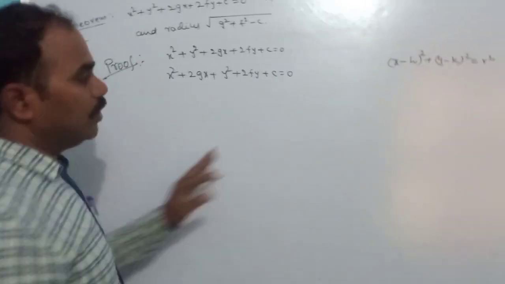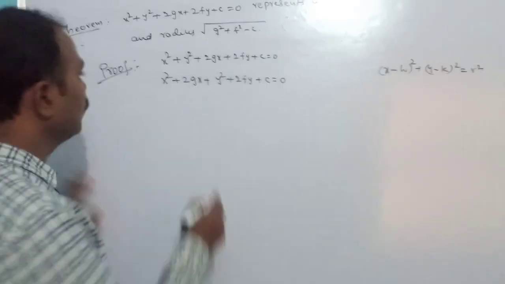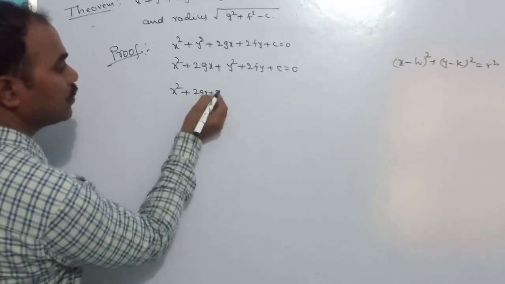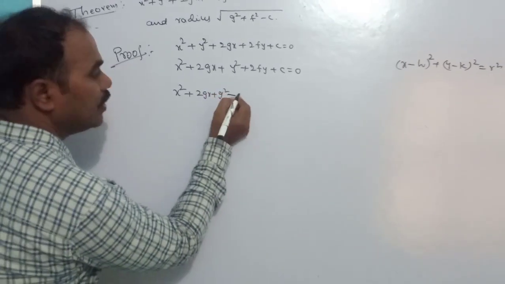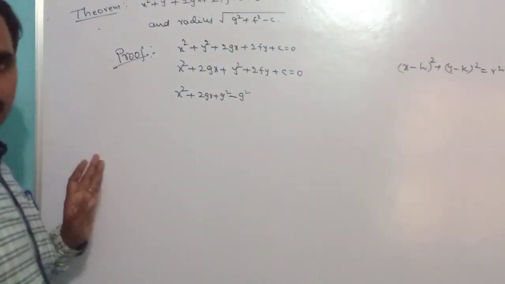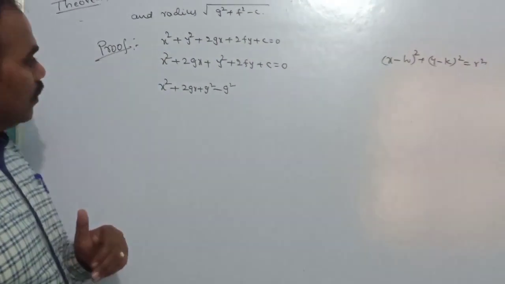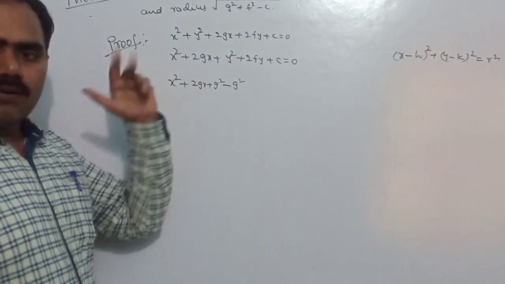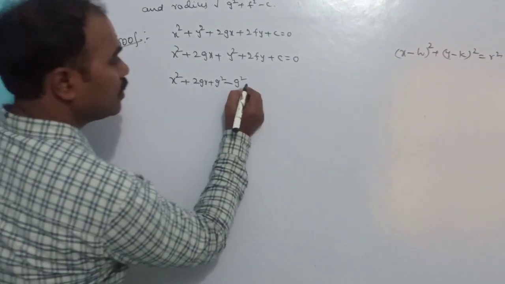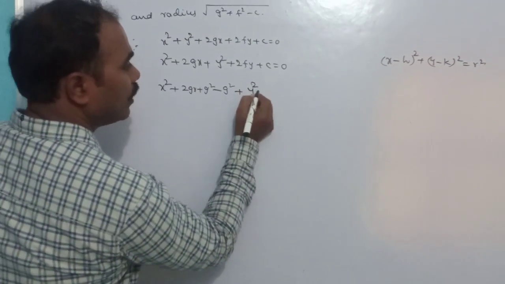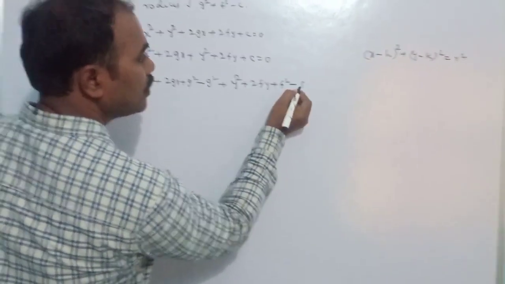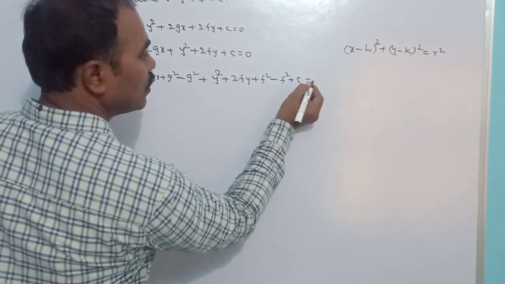We add and subtract g square: x square plus 2gx plus g square. If we add and subtract g square, we can write this as (x plus g) whole square. In the same manner, y square plus 2fy plus f square minus f square plus c equals 0.